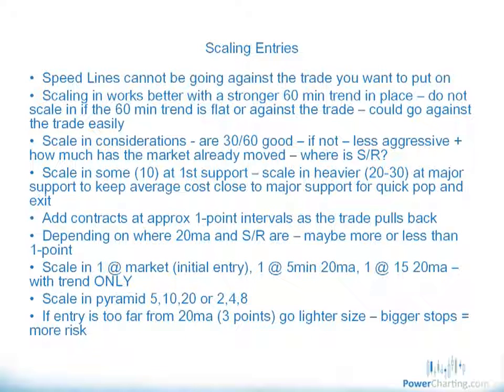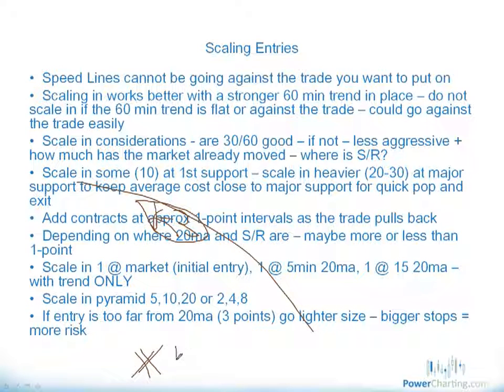So if you're taking an entry and it's 2 to 3 points away, like on the S&Ps, from the next backup plan, this initial entry isn't going to be 5 or 10 or 15 or 20 contracts.